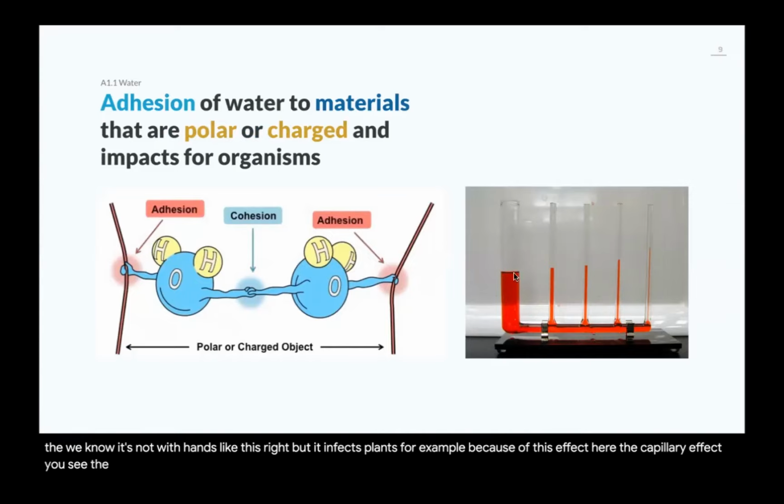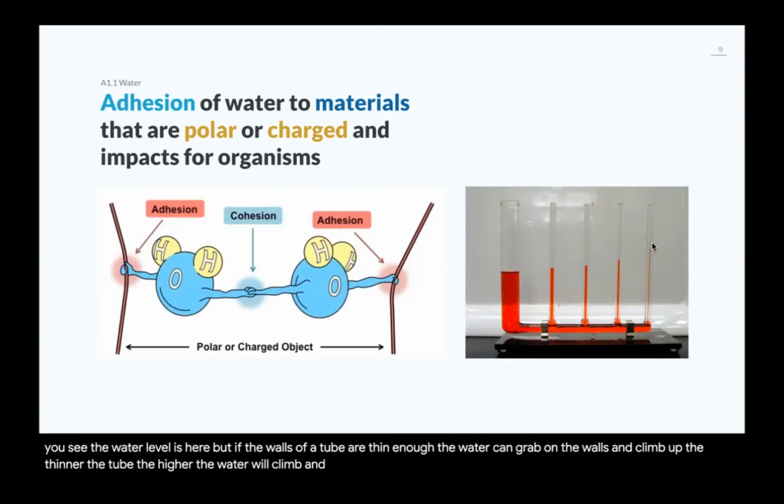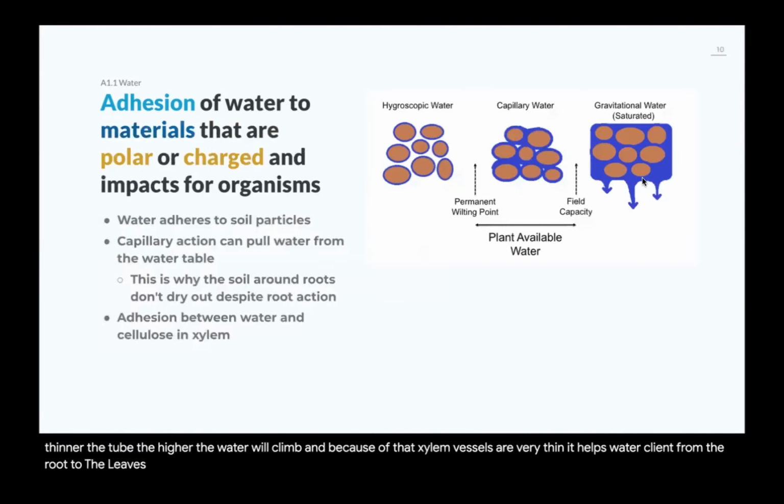You see the water level is here, but if the walls of a tube are thin enough, the water can grab on the walls and climb up. The thinner the tube, the higher the water will climb. And because of that, xylem vessels are very thin. It helps water climb from the root to the leaves.